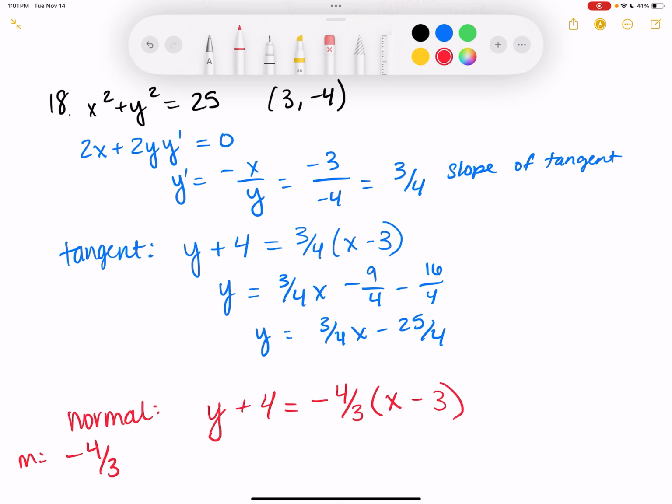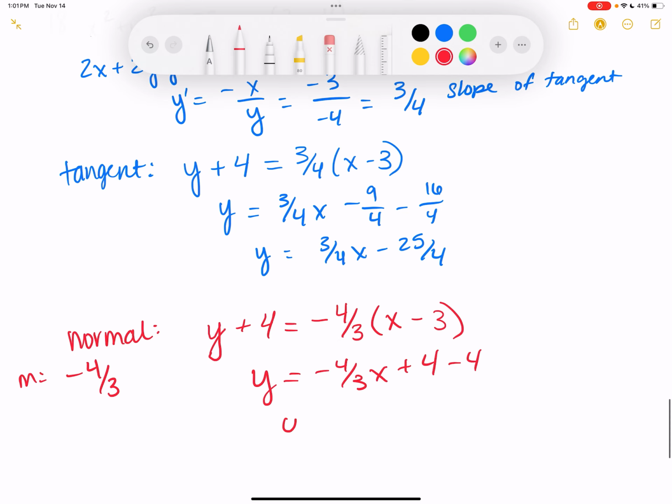So then this one's a little nicer. You can leave it there, or negative 4/3 x plus 4 minus 4, which just gives us y is equal to negative 4/3 x.